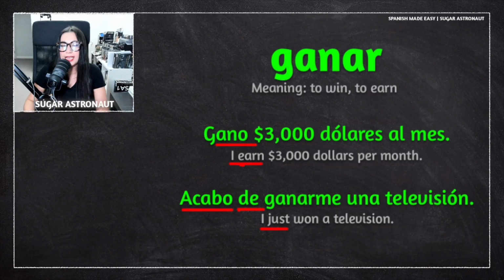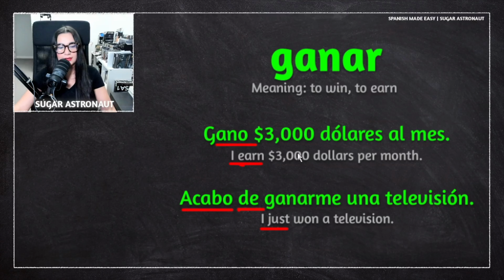I just ate pizza, or just a whole pizza. It depends, right? Maybe you ate a slice or the whole pizza. Who knows? Acabo de dormirme. I just fell asleep. Okay, so acabo de is a great phrase that means I just did something, right?